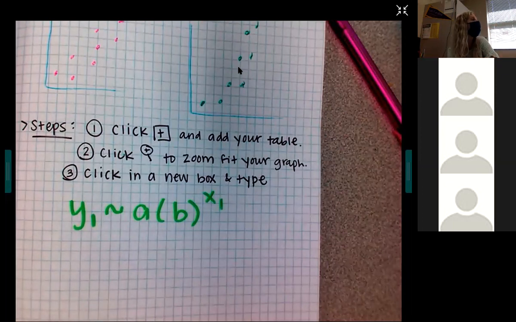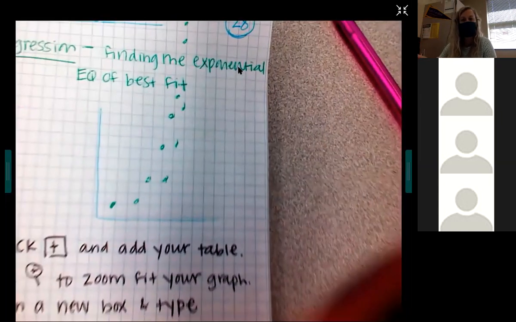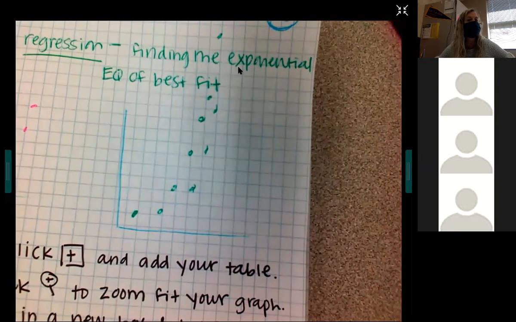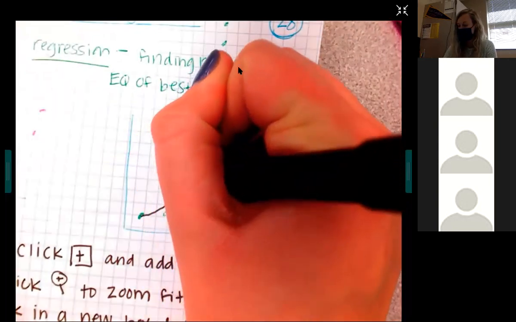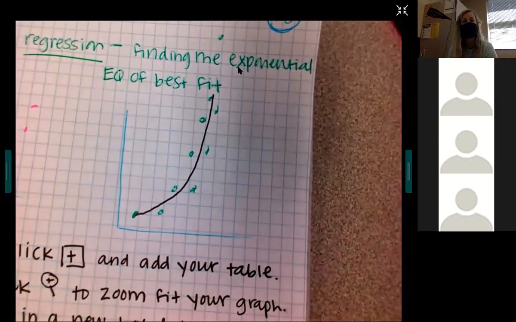Who can tell me why we use the squiggly sign? They said it doesn't let you put the equal sign. Why does it not let you put the equal sign? Let's look at this picture. Do you think a J would hit every single one of those points? No, I can show you that it won't. I'm going to try to hit them all, but it's going to go in between them, right?